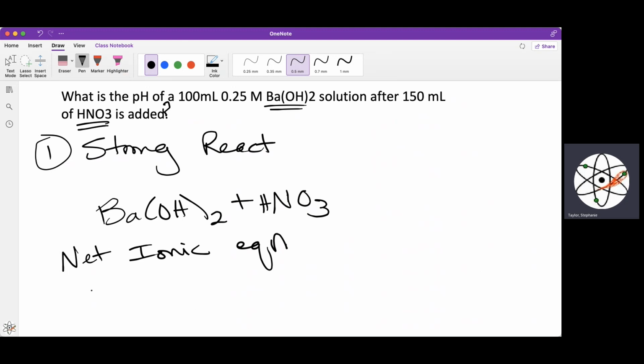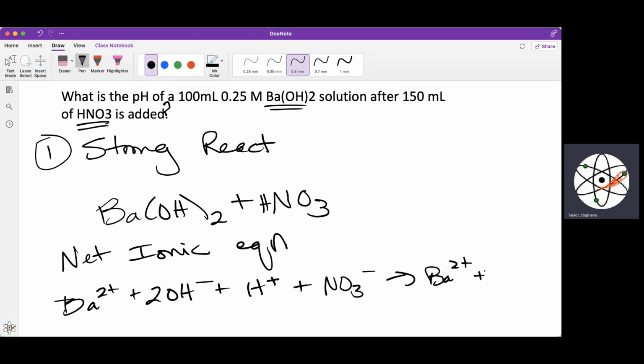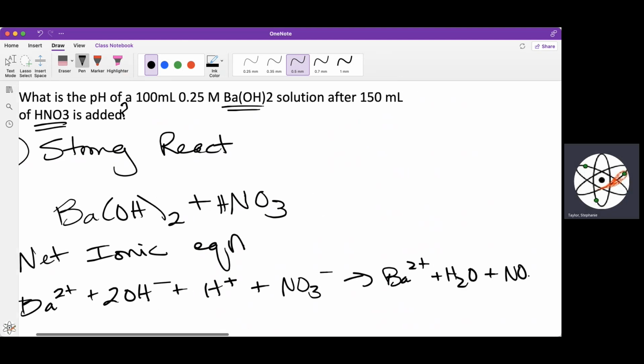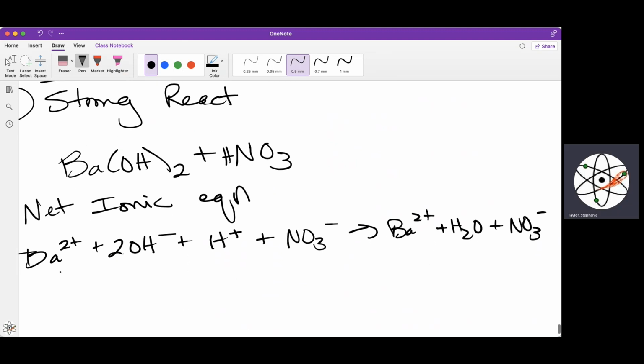So because of that, I can think about the ionic equation: barium plus 2 hydroxides plus a proton plus NO3 minus would yield the barium still hanging out, plus water, plus the NO3. So from all of this, I'm going to get rid of whatever is the same on both sides. That's the bariums and the nitrates.